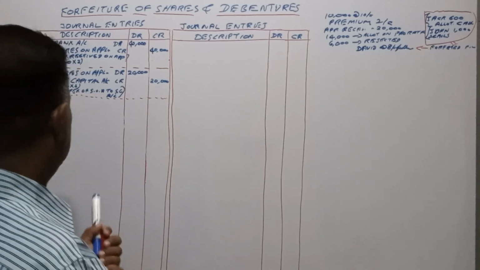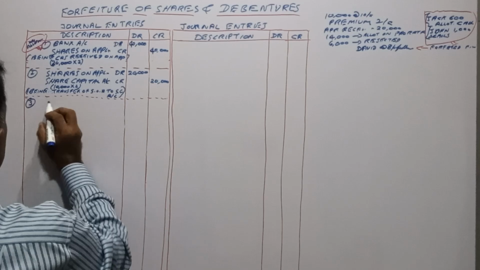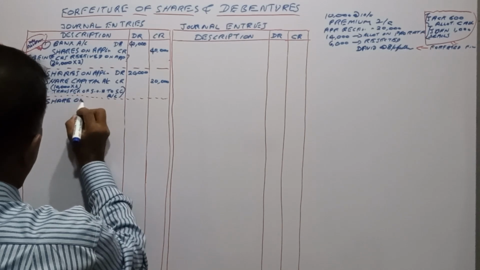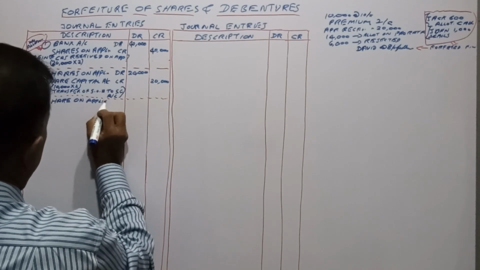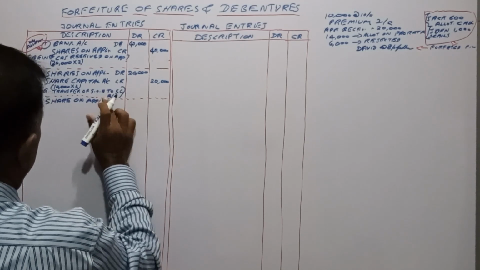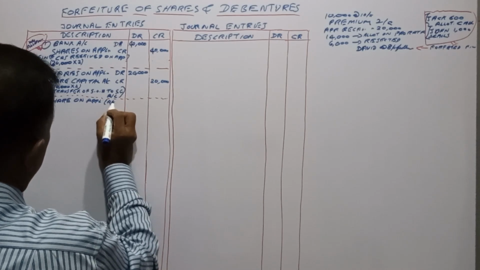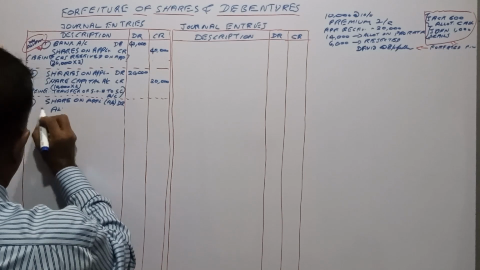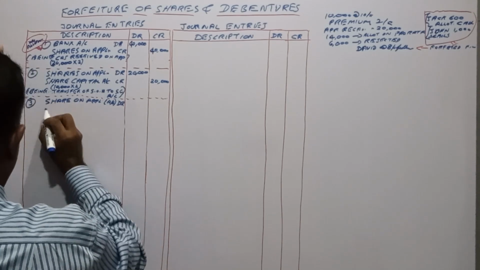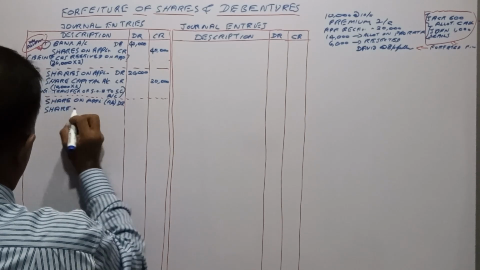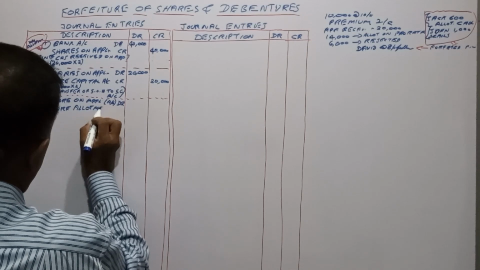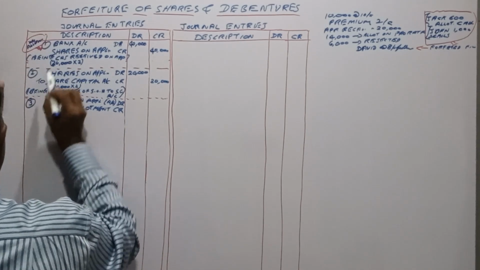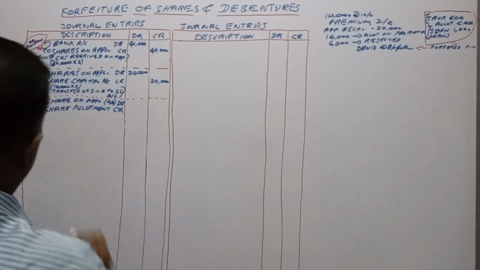The third journal entry is: Share on application account debit, allotment account credit 2. This is for 2.